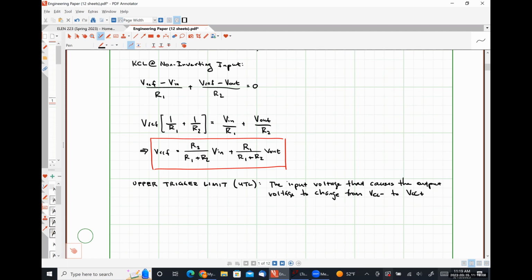So the upper trigger limit is the input voltage where the transition from low to high on our output occurs.